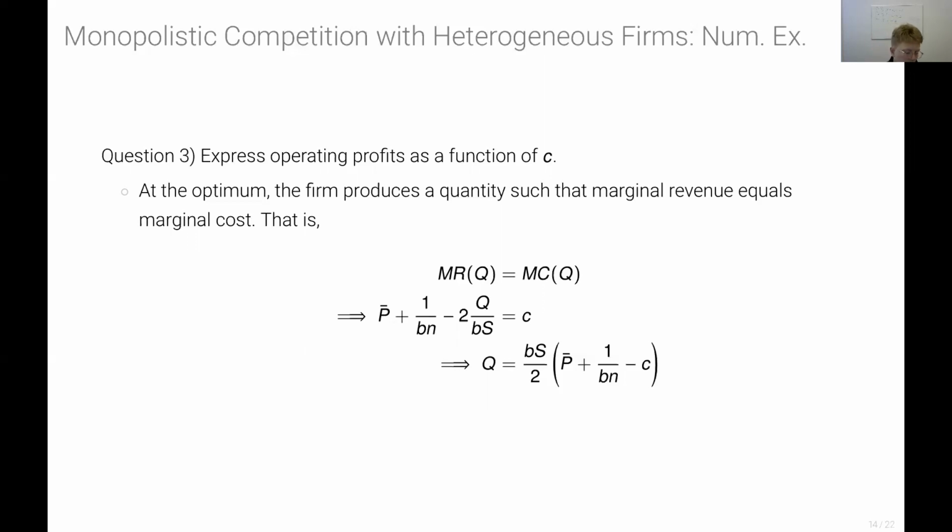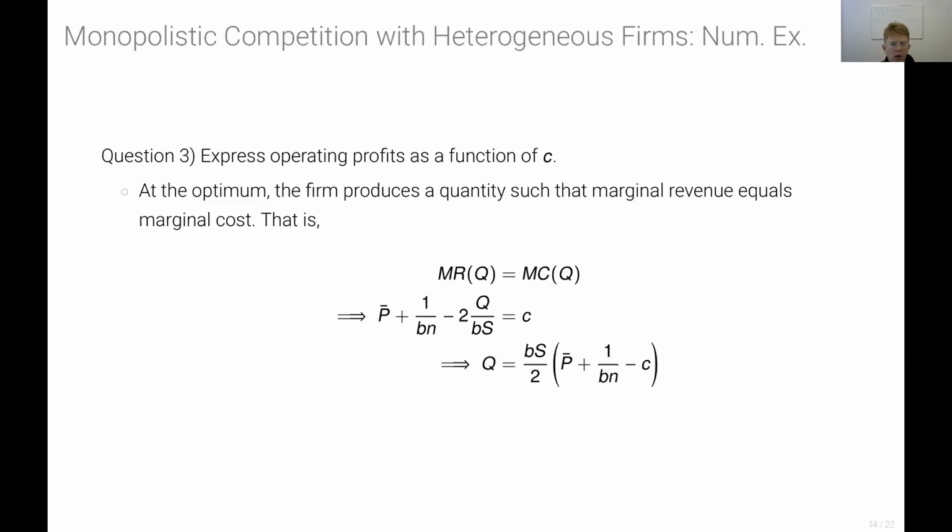I went through the steps to show this in section 7, so I'll refer back there. But the rule that's going to tell us the profit maximizing quantity that the firm is going to produce is the familiar expression of marginal revenue equal to marginal cost.